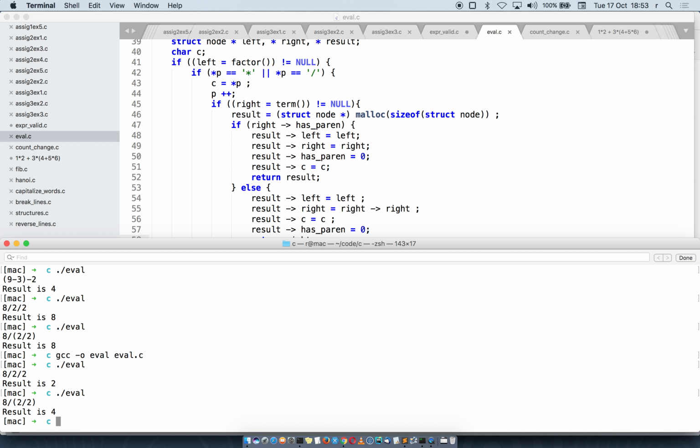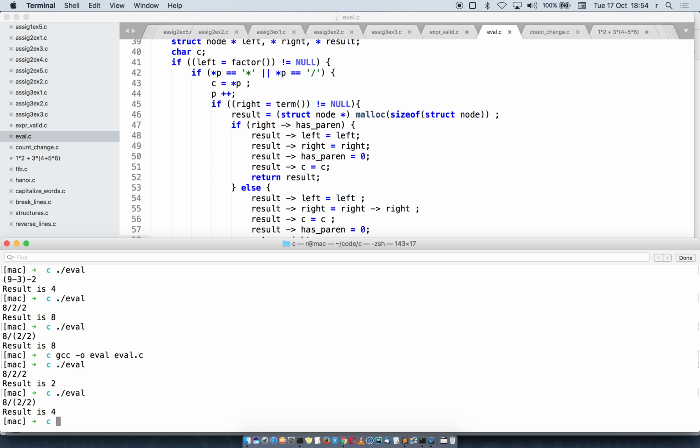So, result left stays the same, right? As before. But previously we were doing result dot left equals left. Stays the same. Result arrow right used to be right. But now result arrow right has to be right dot right.